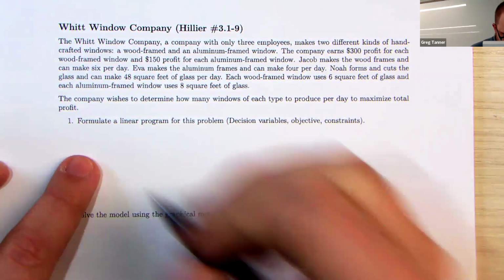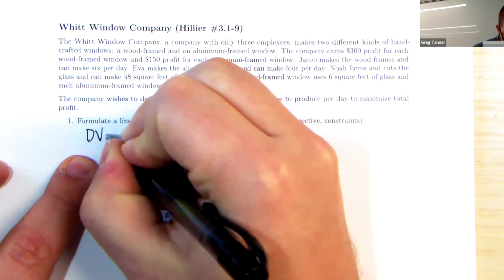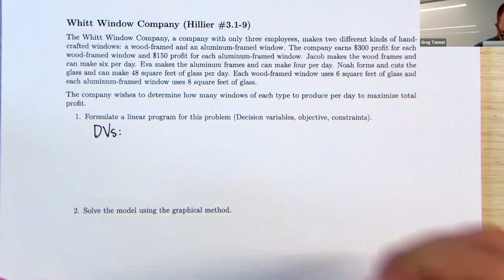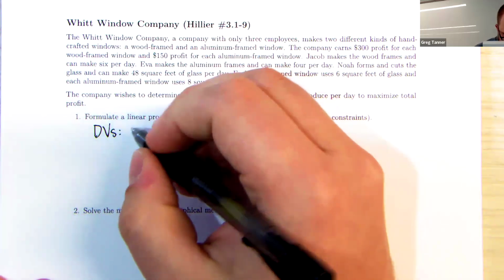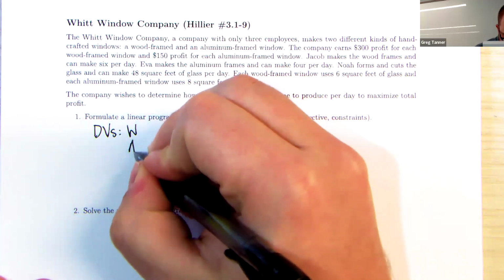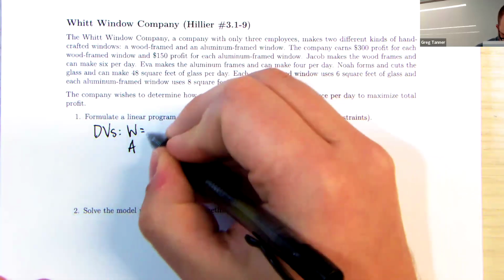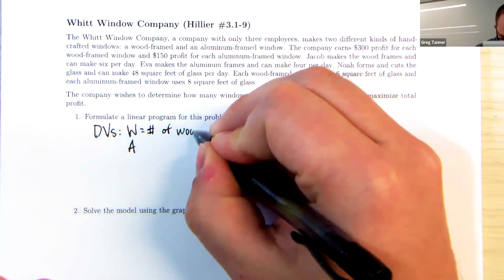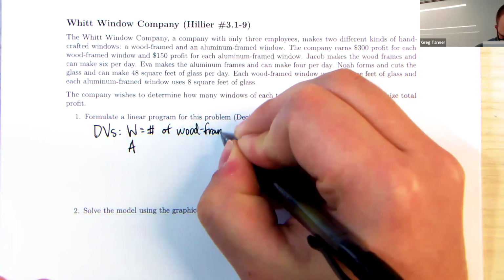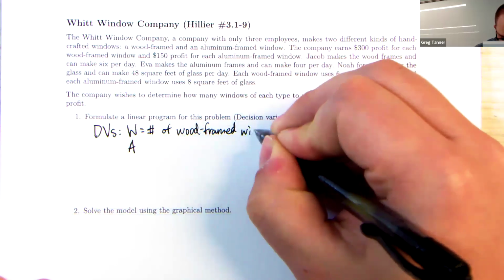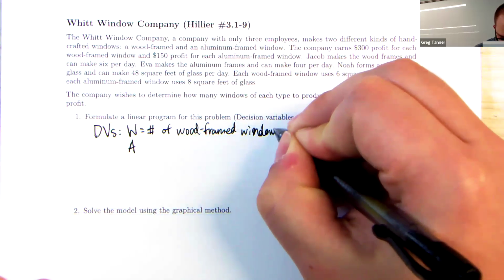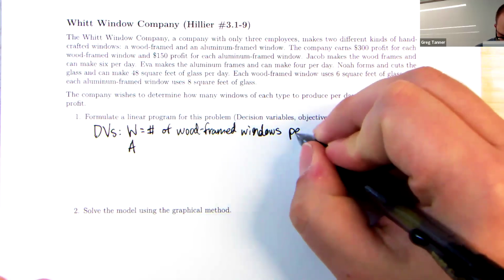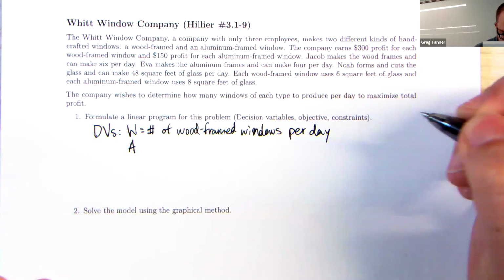And so I'll often abbreviate decision variables as DVs, and I'm going to write my decision variables as W and A, for W being the number of wood framed windows. And it's always good to note that the way the problem's set up, this is on a per day basis.